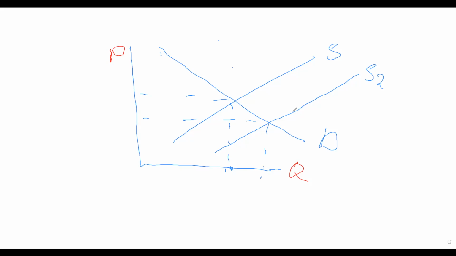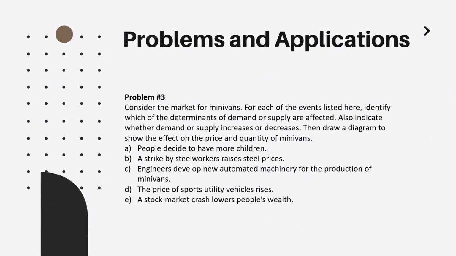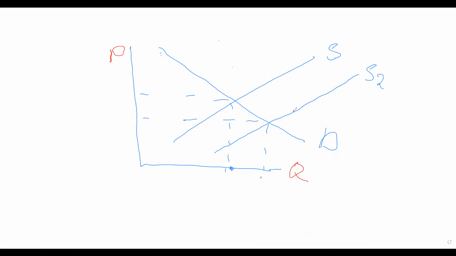And we have also two more scenarios. One scenario is the rise in the price of sport utility vehicles. So we can think that in a certain way this will have certain effects on the minivans. The rise in the price of sport utility vehicles affects minivan demand because sport utility vehicles are kind of substitutes, not direct ones, but substitutes for minivans.